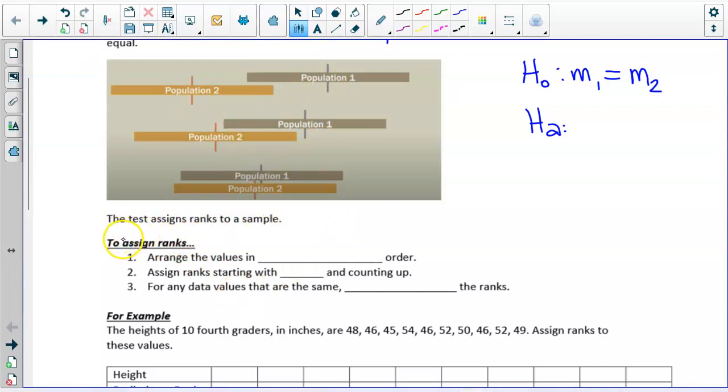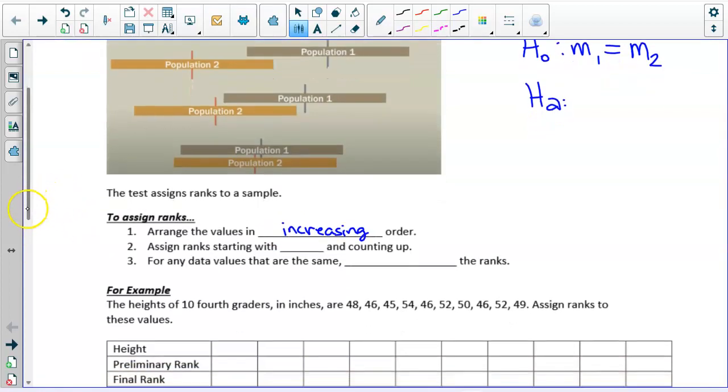So to run this non-parametric test, the test assigns ranks to the sample, okay? So the first thing you're going to do is arrange the values in increasing order. So you actually take the two samples, but you put it all together as one in order, okay?